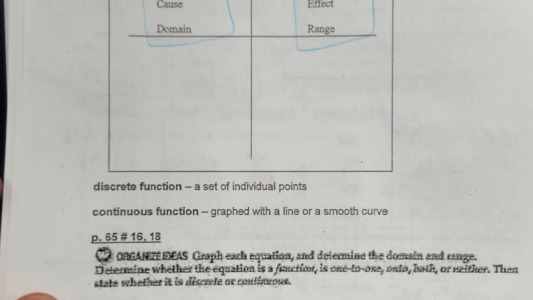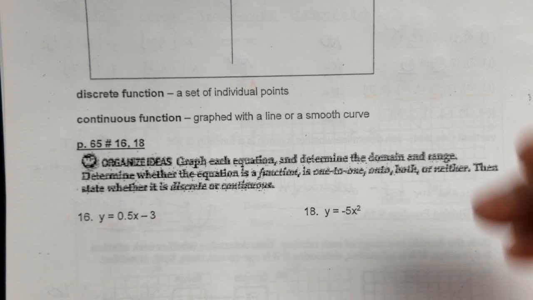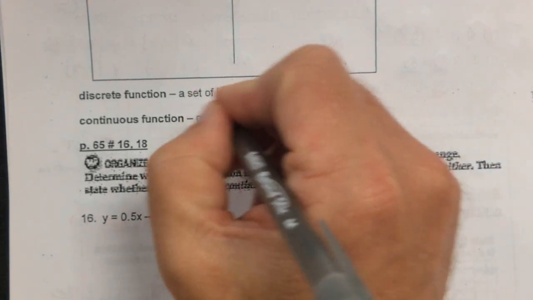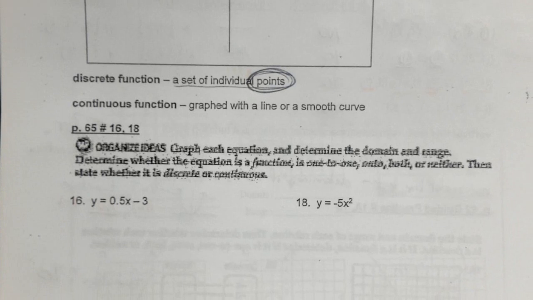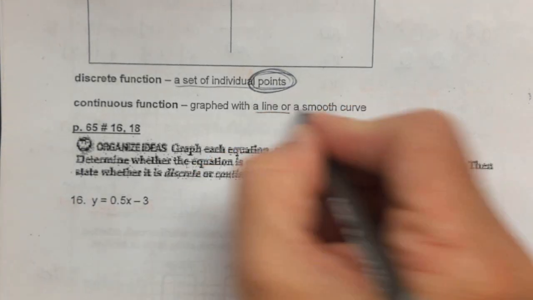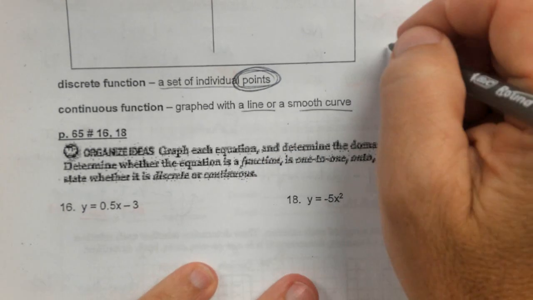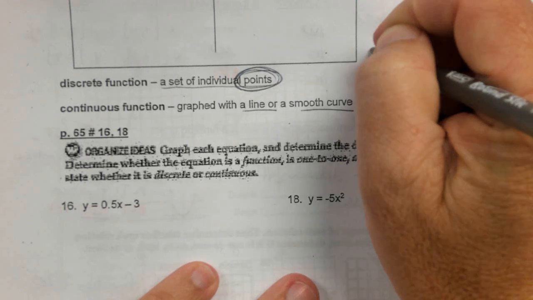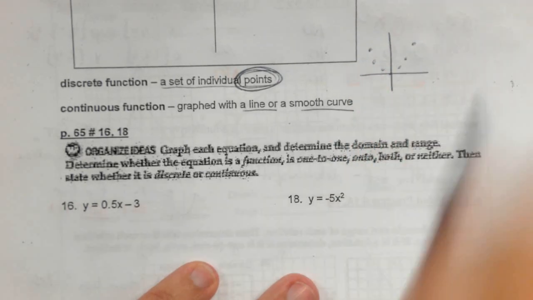All right, discrete versus continuous. Discrete data is a set of individual points. Points being the key word there. A continuous function is graphed with a line or a smooth curve. So a quick example, thinking about parabolas, since that's an easy one that we kind of know of.